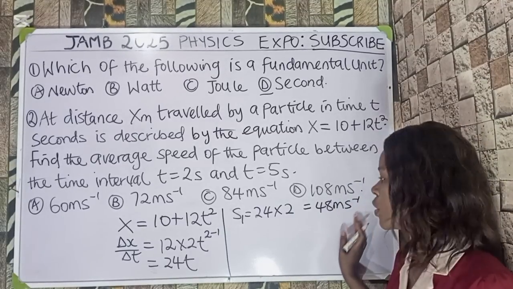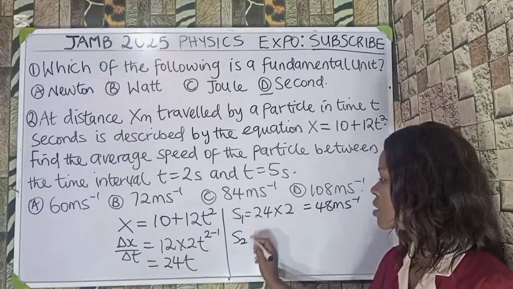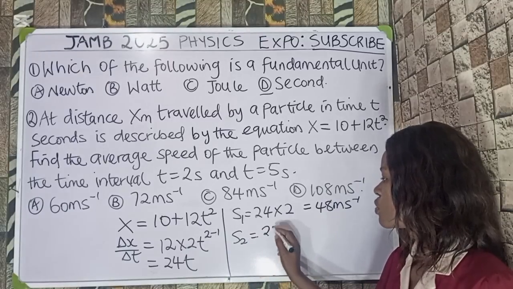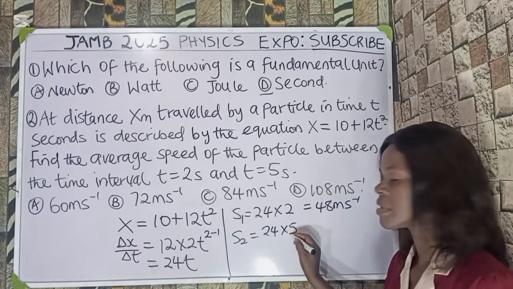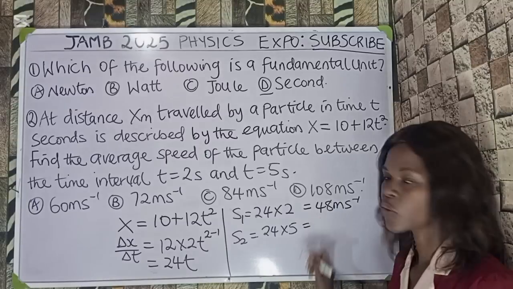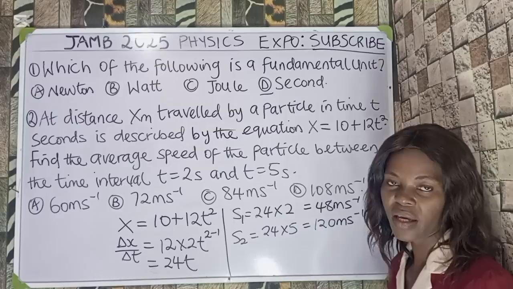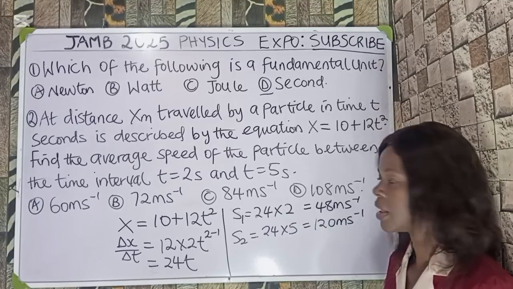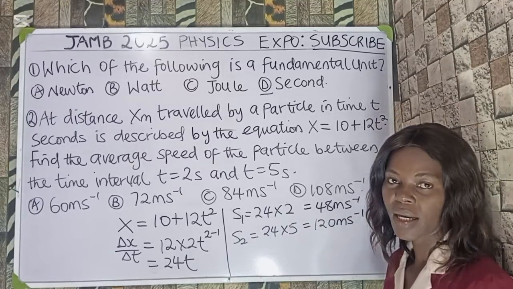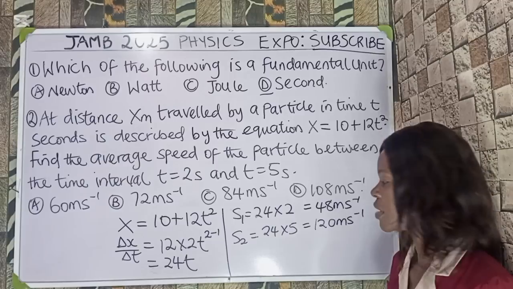Do we understand? Okay, so my x2 is equal to 24 multiplied by 5. What do I have? It is 120 meters per second. Now for me to get the average speed, I'm going to add them together and divide by 2. That becomes the average.